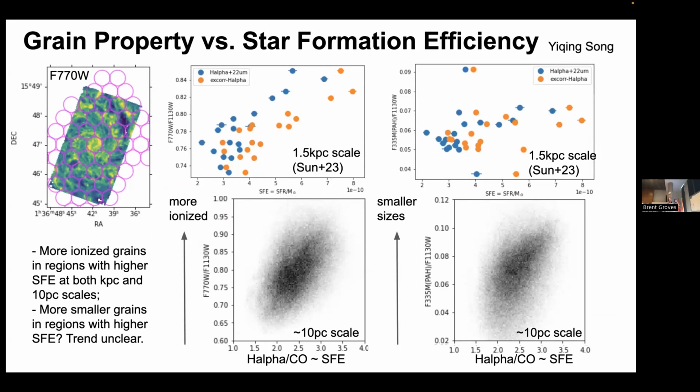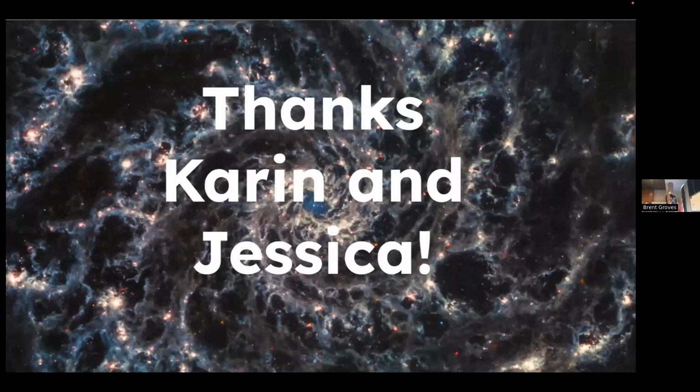But in terms of the grain size, the trend is not very clear, maybe a slight increase in a smaller grain population in high efficiency, but that could also be related to the decorrelation on smaller spatial scales. But that's all. Thank you all for listening. And also thank Jessica and Karen for their help on the project.